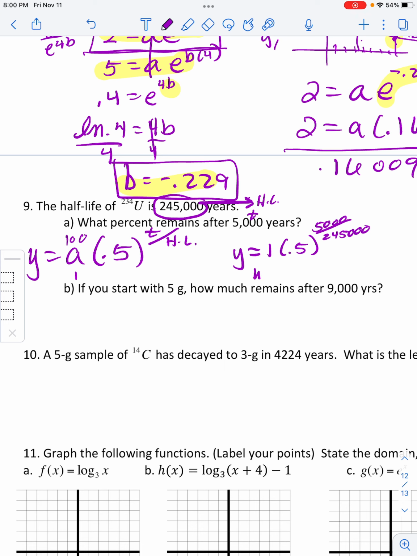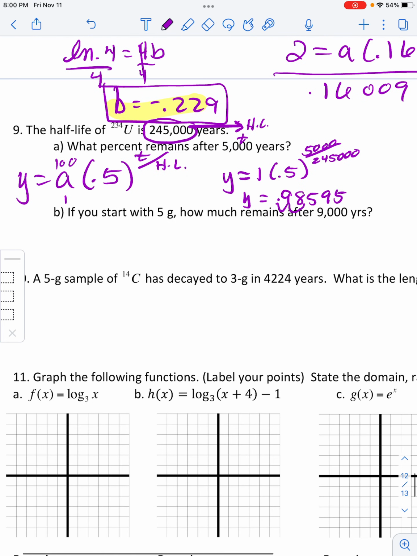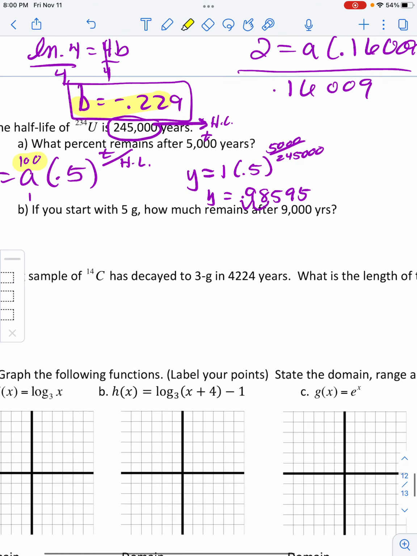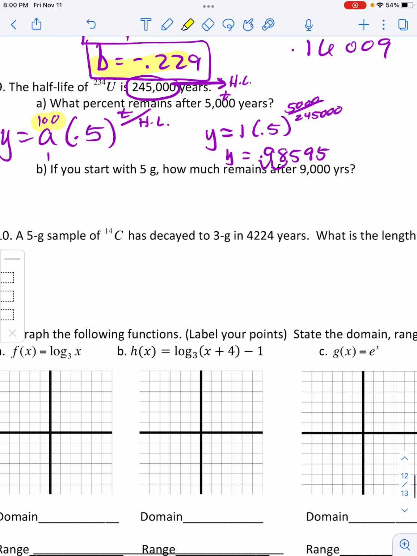So I'm getting for y 0.98595, but I am supposed to answer it as a percent, so I got to scoot this back over. 98.595% if I'm still going to that third decimal place. And if I had put a 100 in here to begin with and worked the math out that way, this would have just come out as 98.595. So it doesn't matter.